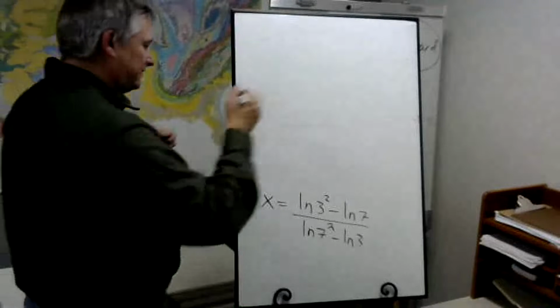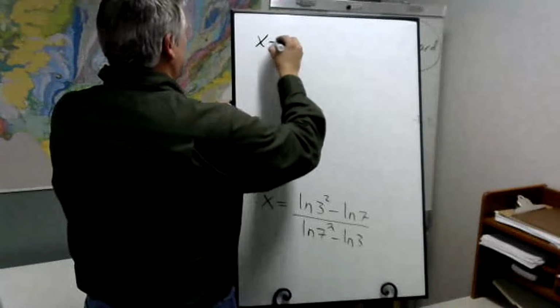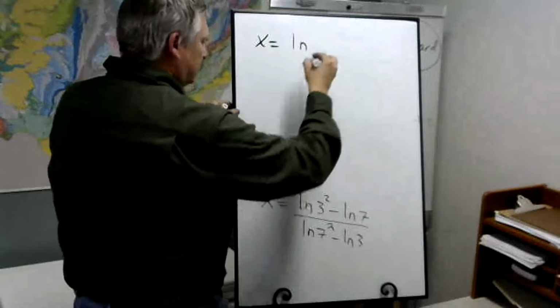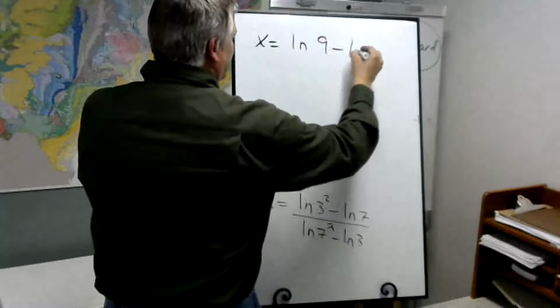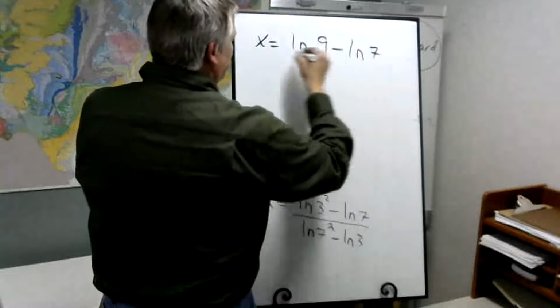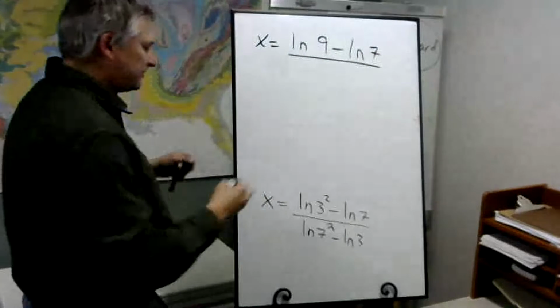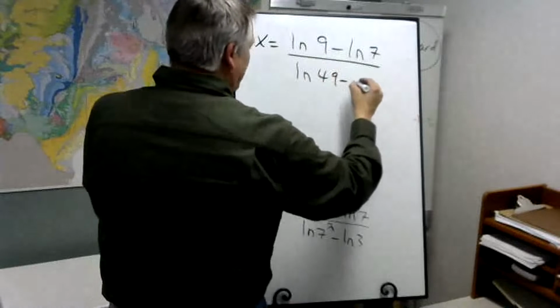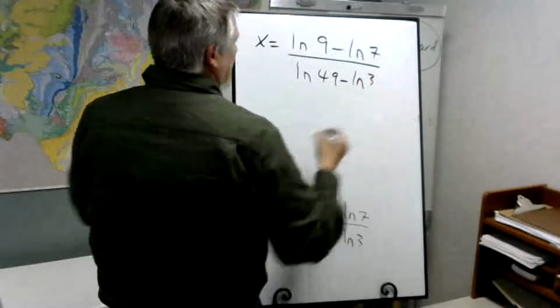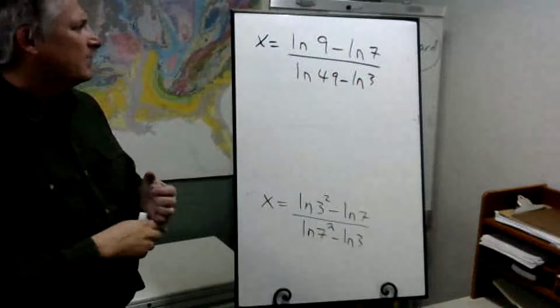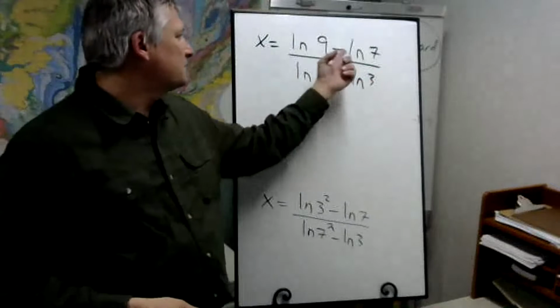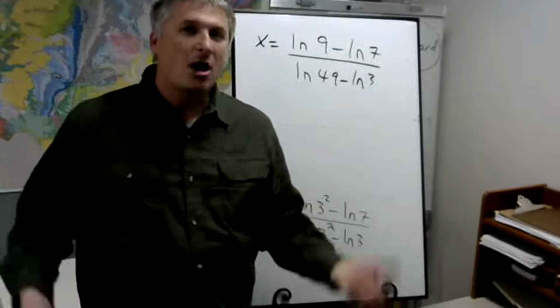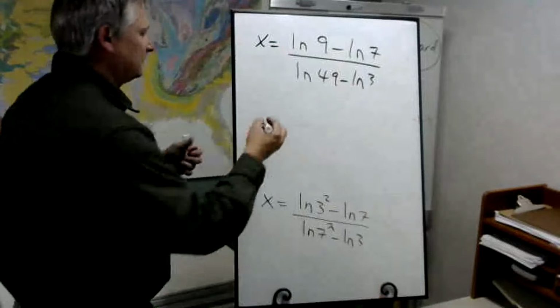And so that's going to give us natural log, or ln, of 9 minus natural log of 7 over natural log of 49 minus natural log of 3. And so what we get here is the difference of logs will be the log of a ratio.